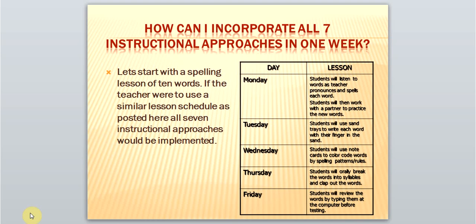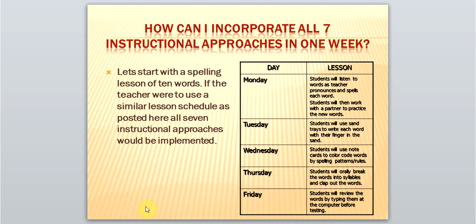Let's take a look at a primary classroom and how that might look for spelling. 10 words, a similar lesson, classroom, 7 approaches, how it would be implemented. Looking at Monday, students will listen to the words as the teacher pronounces and spells each word. Tuesday, they will use sand trays to write each word with their fingers using the sand.